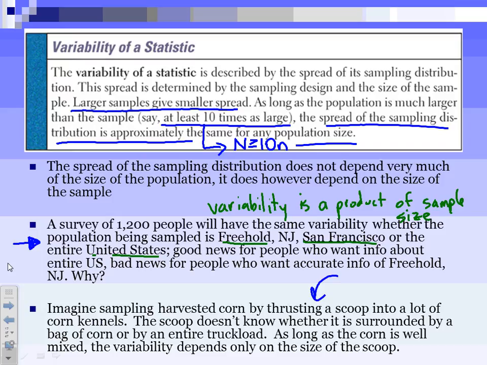It doesn't matter how much corn is around that scoop. It's still going to have the same variability, whether the barrel is the size of a wine barrel, or something like an entire silo. It's not going to change. It's going to have that same variability there.